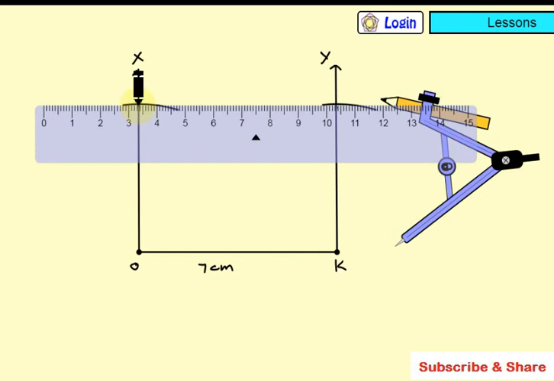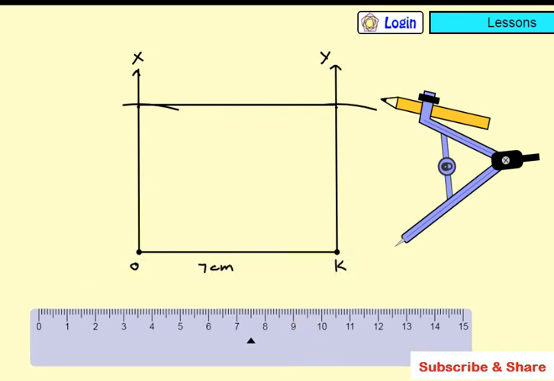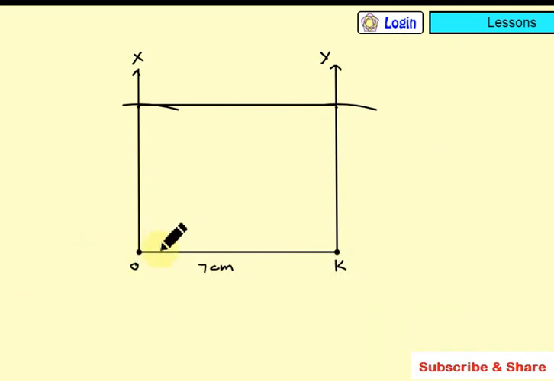So by using scale and pencil, connect these points. This OX also you have to connect with scale and pencil. This KY also you have to connect with scale and pencil.